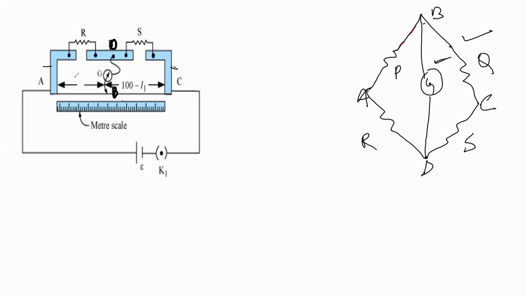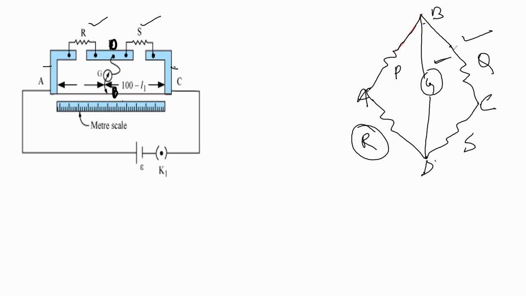Then between A and D, which type of resistor was connected? R. So here between A and D, between these two screws, resistance box R is connected. Then between D and C, this unknown resistance S is connected.